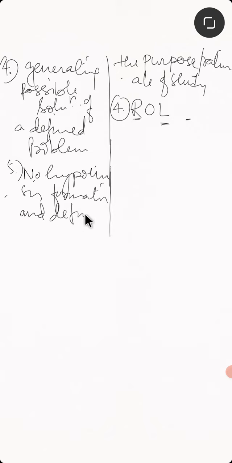What is the next difference between these two? In the research process, you are formulating hypotheses and defining the variables, but in problem solving there is no hypothesis formation and defining of variables involved.